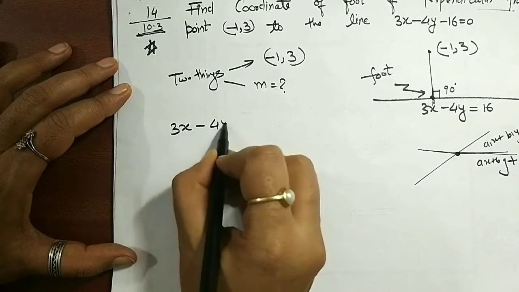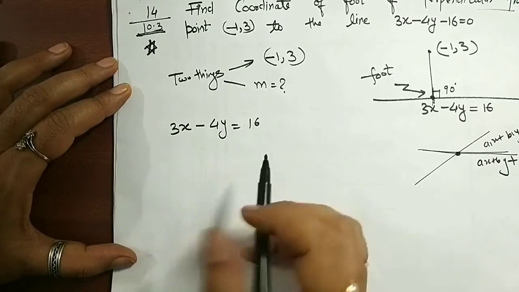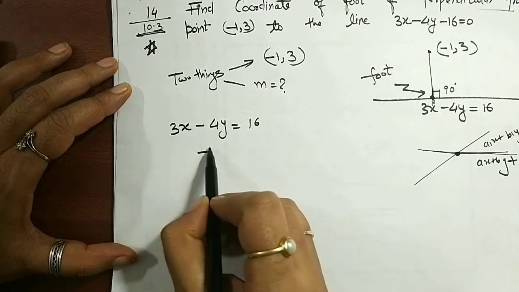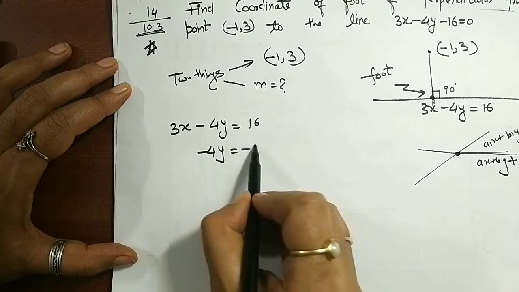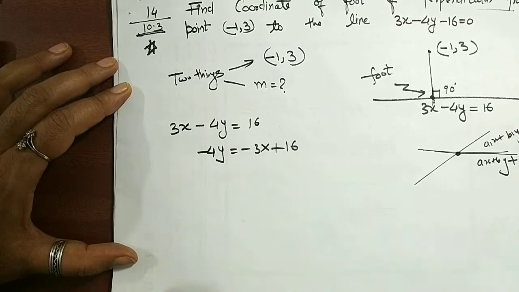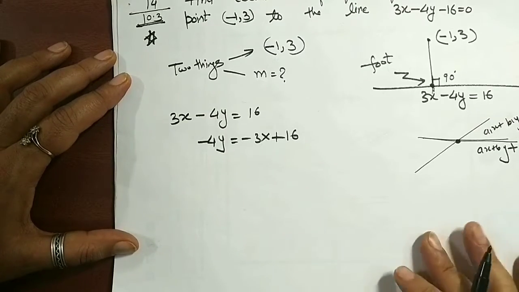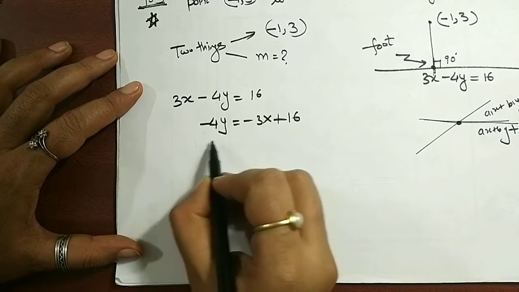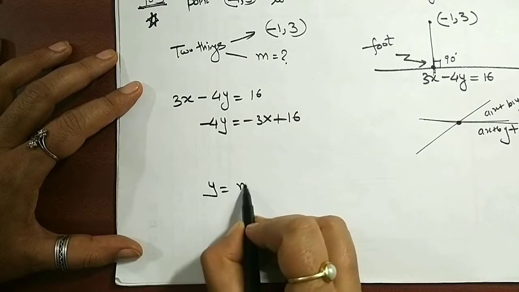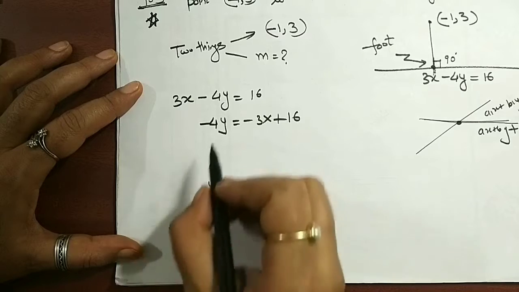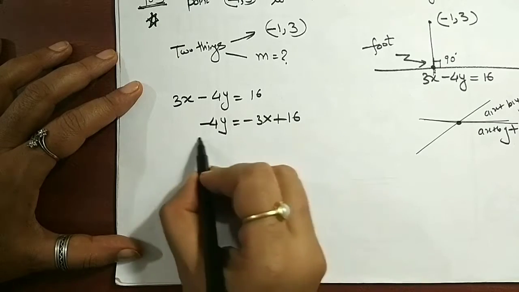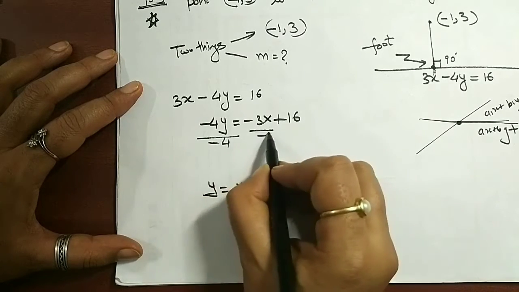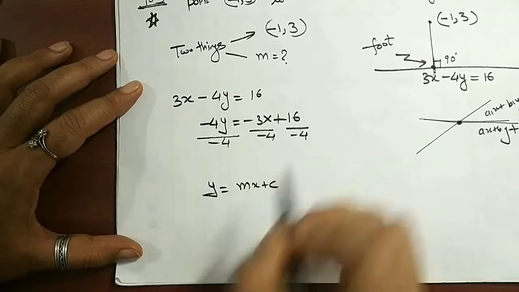See, 3x minus 4y is 16. So I will write minus 4y is equal to minus 3x plus 16. I am trying to write it in the form of y is equal to mx plus c. So, see, this is my aim. y is equal to mx plus c. So, y should not have any coefficient. So, I will divide by minus 4, minus 4, minus 4.